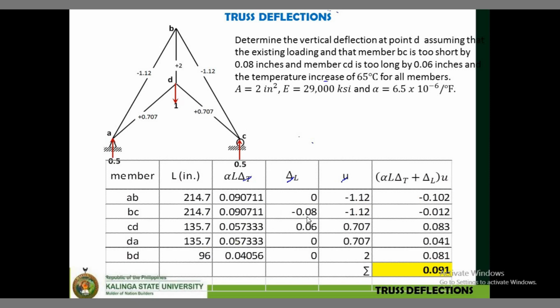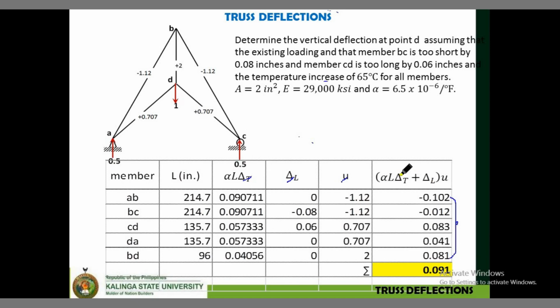And negative 0.08 plus 0.090711 minus 0.08 multiplied by negative 1.12, that is equal to negative 0.012. Again, kindly double check if these values are correct.